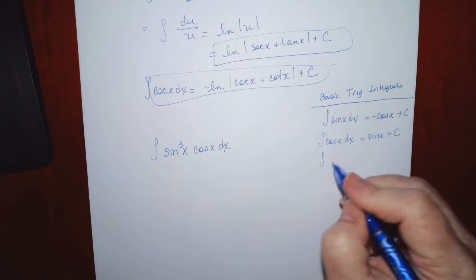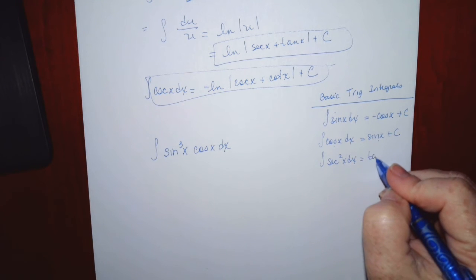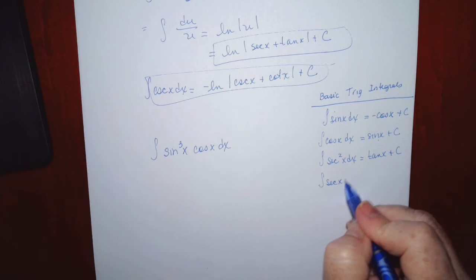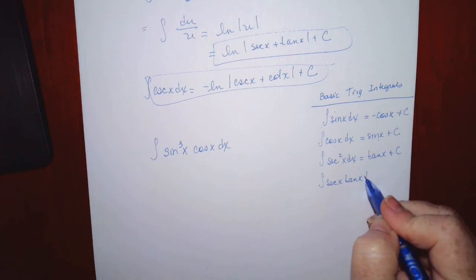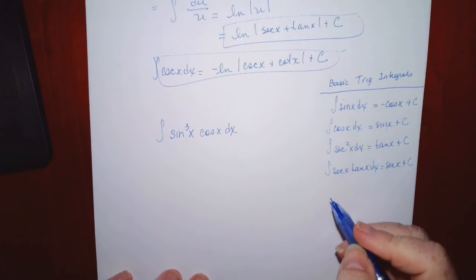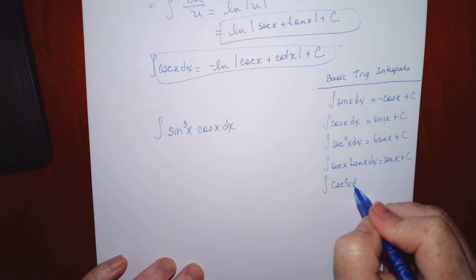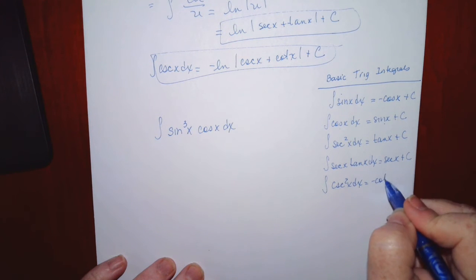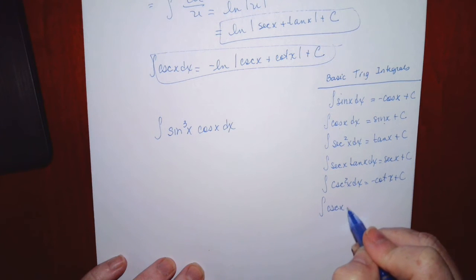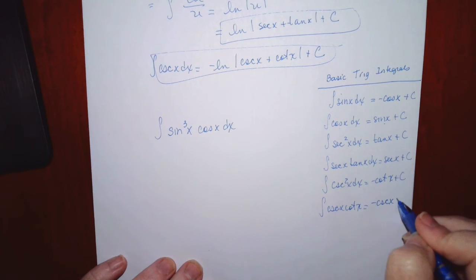We know the integral of secant squared x is tangent. Integral of secant x tangent x is secant. The integral of cosecant squared x is negative cotangent x. Cosecant cotangent, negative cosecant.